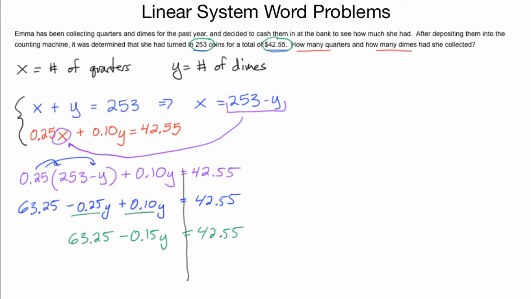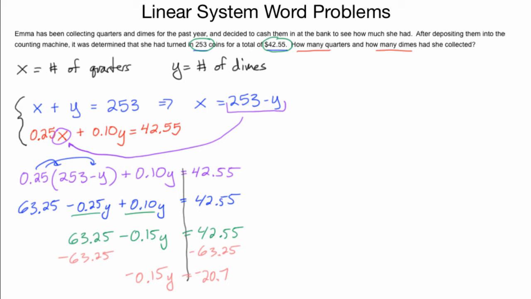Okay, now let's subtract 63.25 from both sides. We're going to start to solve for that y value. Now we've got negative 0.15y is equal to 42.55 minus 63.25, and we get negative 20.7.